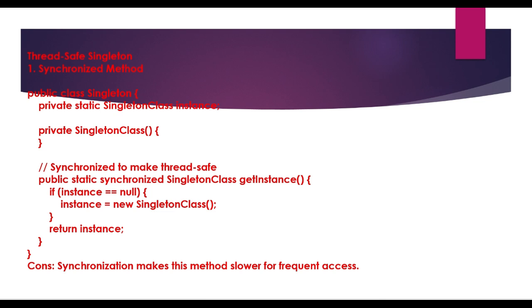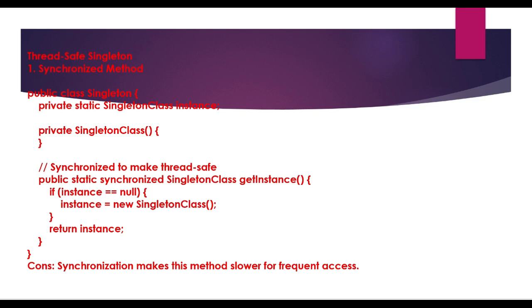Here you see the very first is the synchronized method. Under that, the class is written, the private instance variable is created, the private constructor is created, then you have a static method. Earlier we had seen the static method. Now we have added the synchronized keyword over here, along with the getInstance method. So now it will lock.